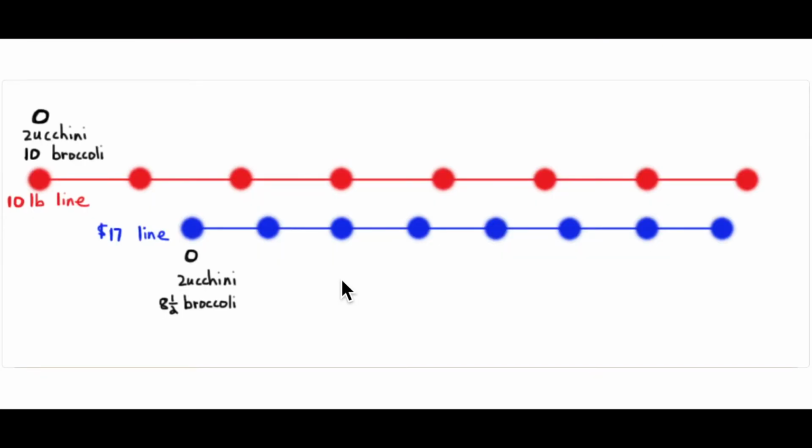So what does this race look like for the zucchini and broccoli problem? So what I've done is I've taken the zucchini, the pound for pound line, so the 10-pound line, and placed that on a horizontal path. And I've taken the $17 line and placed that on a horizontal path.